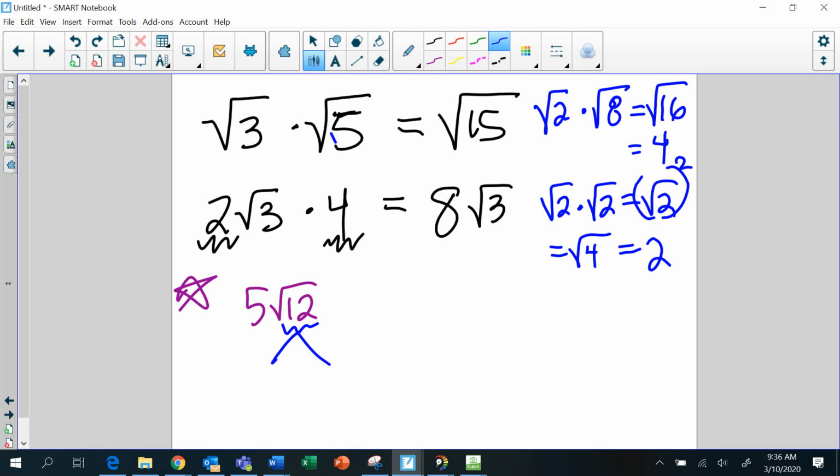Or can it break down further? Is 12 a perfect square? No. But 4 goes into it. So because it can break down further, we need to break it down further.